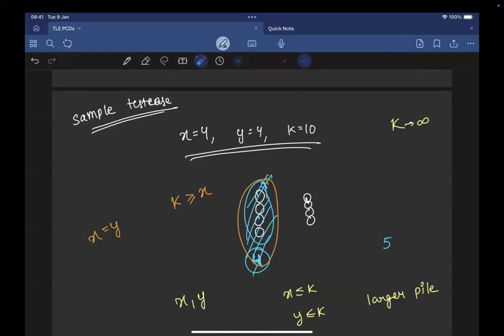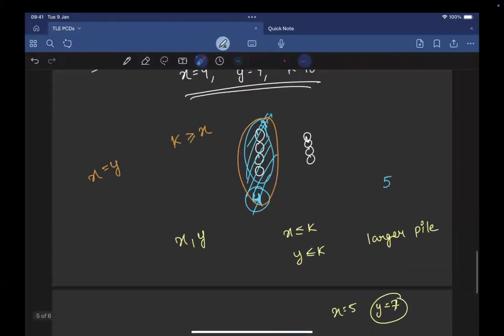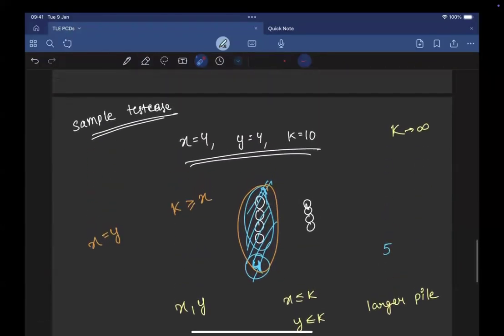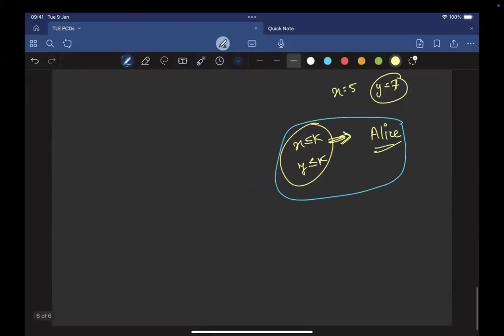In the first move, Alice has to remove at least one stone and at most k stones. If k is infinite, then Alice can remove any number of stones of her choice. So it will make it easier for us to think about what is the best move for her.